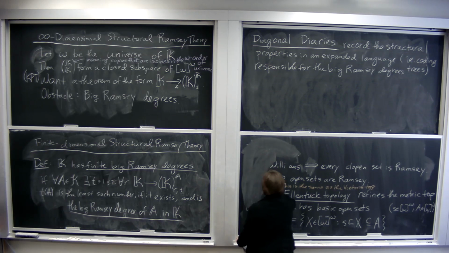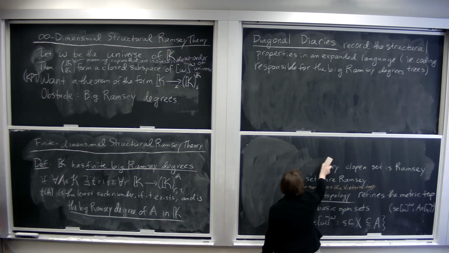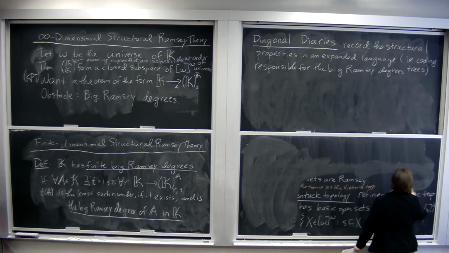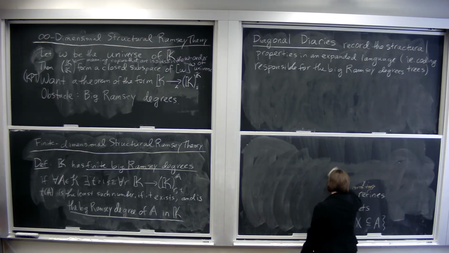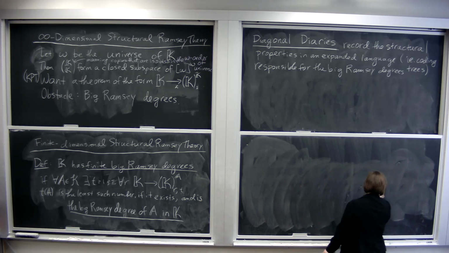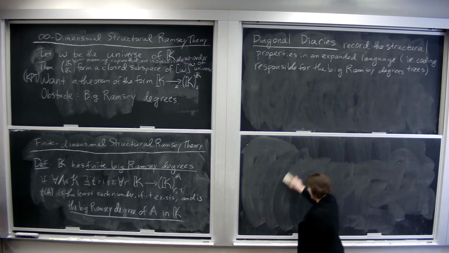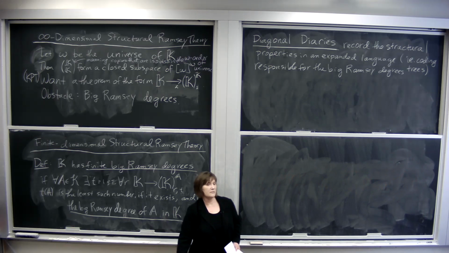Okay, so let's look at the rationals. Upper bounds for big Ramsey degrees of the rationals were found by Laver using Milliken's tree Ramsey theorem. And then Devlin completely characterized them in 1979.